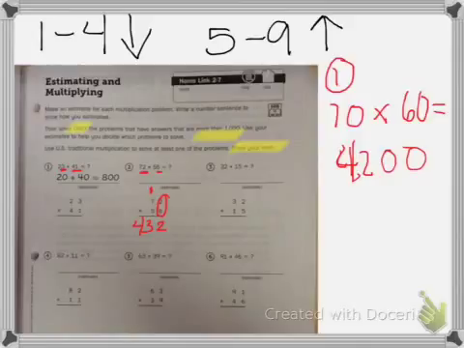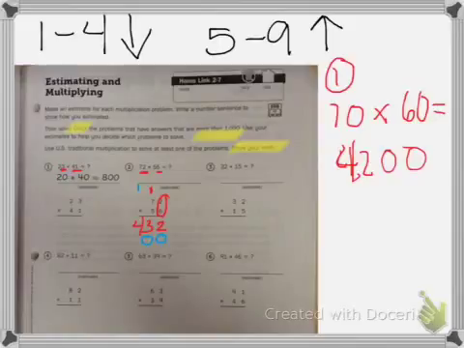Next, I have to use the spot. So I'm going to remember, it's not 5, it's 50. So 50 times 2 is 100. So I'm going to put a 0 to mark my spot. Plus, there's 0 tens in 100. And then I carry my 1. 50 times 70 is 3,500, plus my extra.